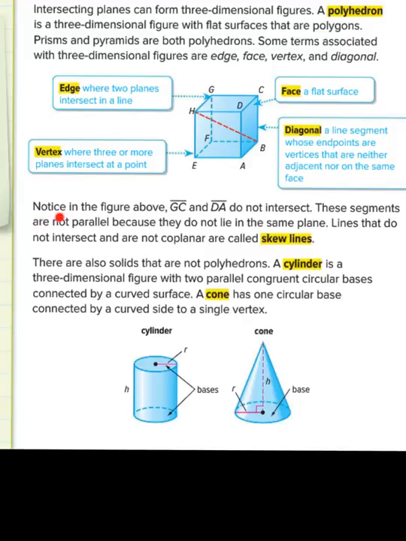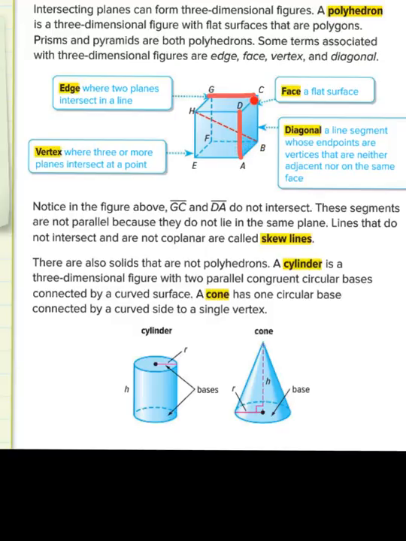So, notice in the figure above, line GC right here, and line DA right here, do not intersect. They have nothing to do with one another. They don't share the same plane because this plane is a horizontal plane and this plane is a vertical plane, so they don't relate.